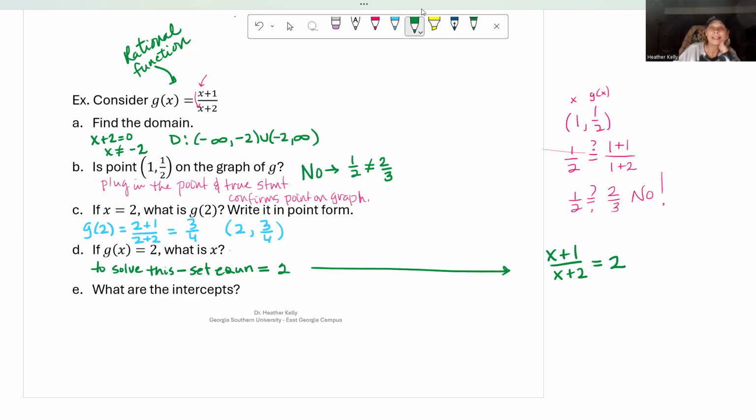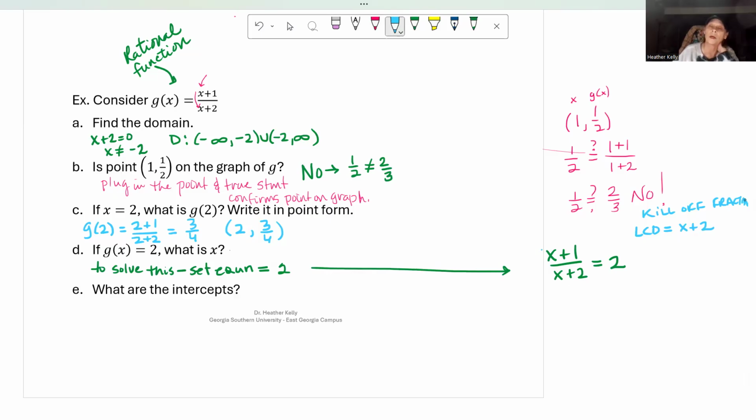Now, because this is an equation, different from the expression earlier, we're going to multiply both sides by the LCD to kill off the fractions because it's an equation. If it's not an equation, you cannot kill off the fractions. You have to have an equal sign to be able to do it.